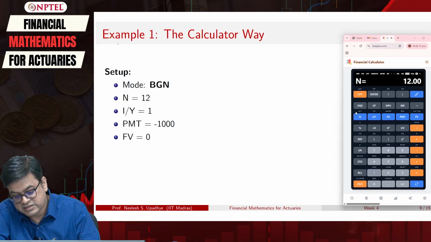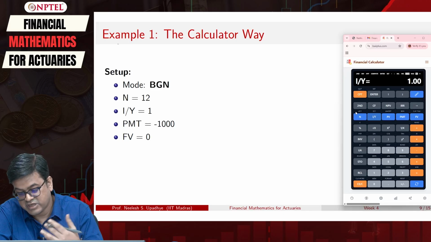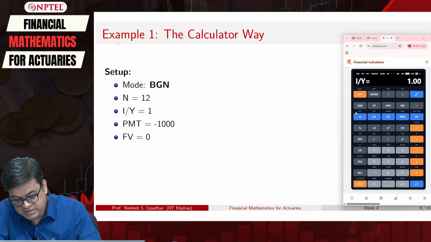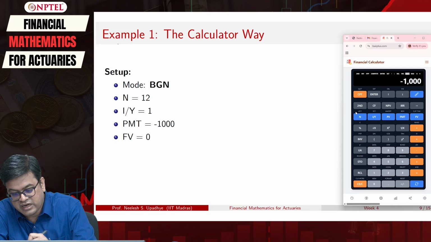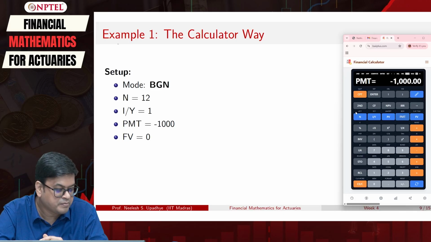BGN mode is on. My N, there are 12 months of payment, so my N is 12. What is my interest rate? Interest rate is 1%, so I enter that 1%. How much monthly payout is there? It's 1000 rupees, but it is the outflow, so I will make this negative 1000, and then put it in PMT, which is monthly payout.